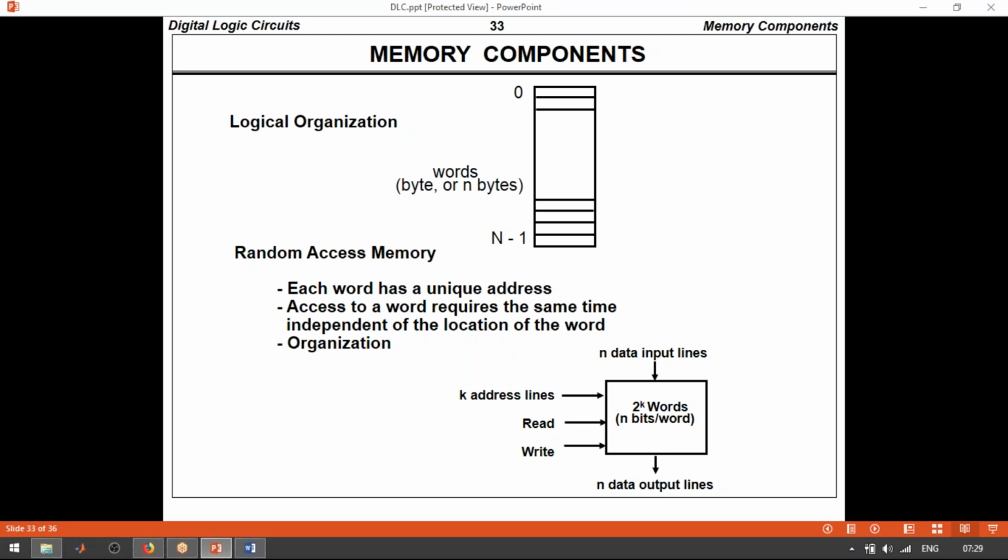Random access is like you can alter the address, you can store and write and read the address. Correct. So random access memory is read and write memory. ROM is read only memory.